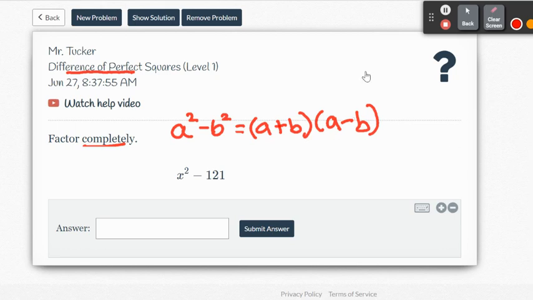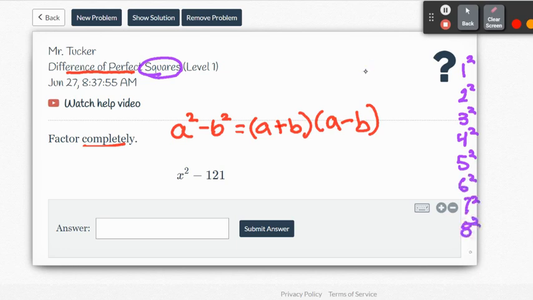And to recognize the difference of squares, we need a running list of what some common squares are. So let's just throw these off to the side. 1 squared, 2 squared, 3 squared, 4 squared, 5 squared, 6 squared, 7 squared, 8 squared, 9 squared, and we'll just stop at 10 squared.